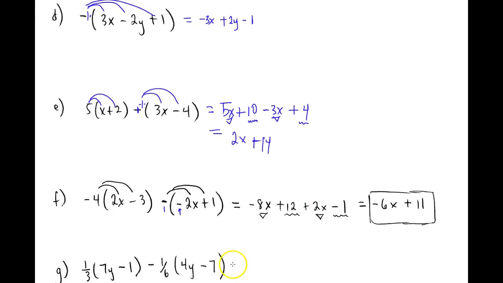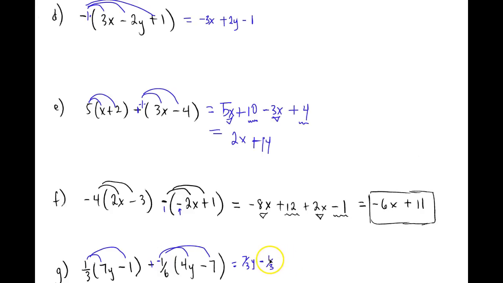Alright, so for example G, same thing here, we just have fractions. So we're still going to distribute to the first two terms, and then distribute this understood -1/6 to the second two terms. So when we do this, our first term here, 1/3 times 7y is going to be 7/3 y, minus 1/3 times a -1 is just a -1/3.